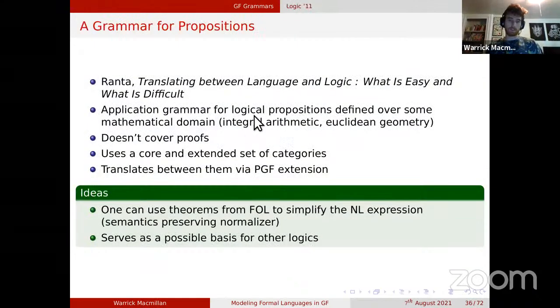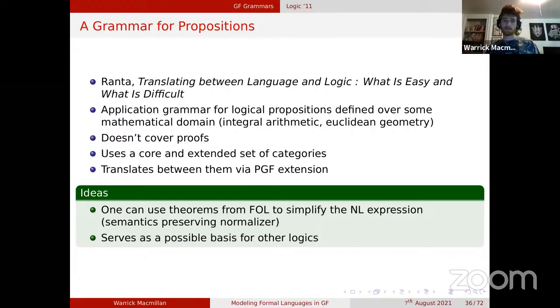So let's just look at the first grammar in this case study of this domain, and it's from Ranta's paper in 2011 at the CADE conference, "Translating between logic and language: what is easy and what is difficult. Application grammars for logical propositions."